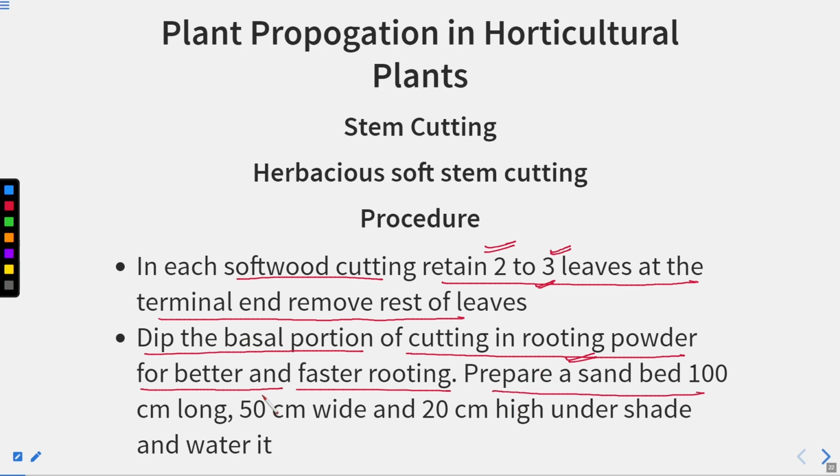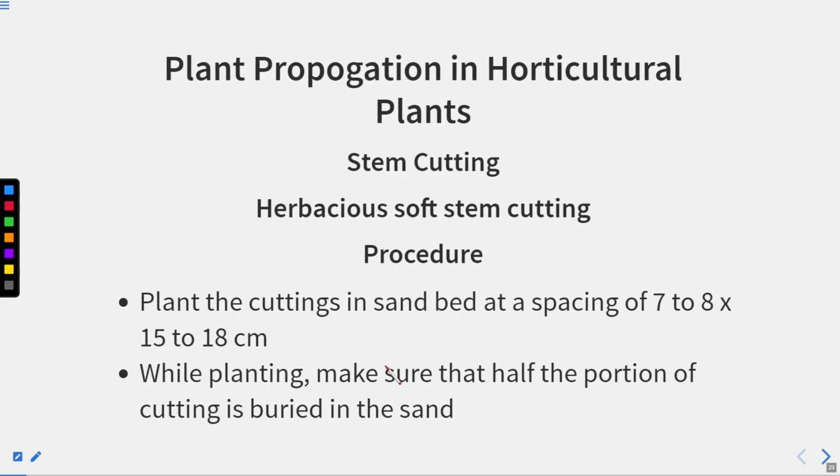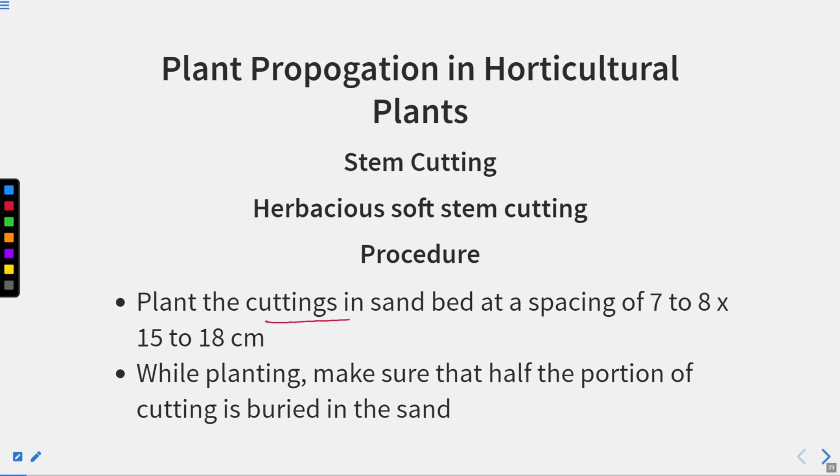Prepare a sand bed 100 centimeter long, 50 centimeter wide and 20 centimeter high under the shade and water it properly. Plant the cutting in the sand bed with spacing of 7 to 8 and 15 to 18 centimeters.